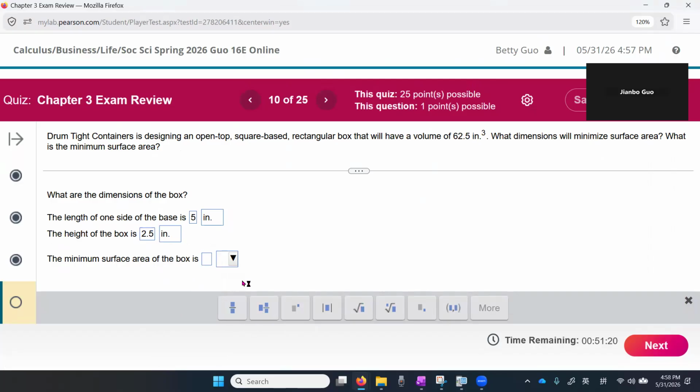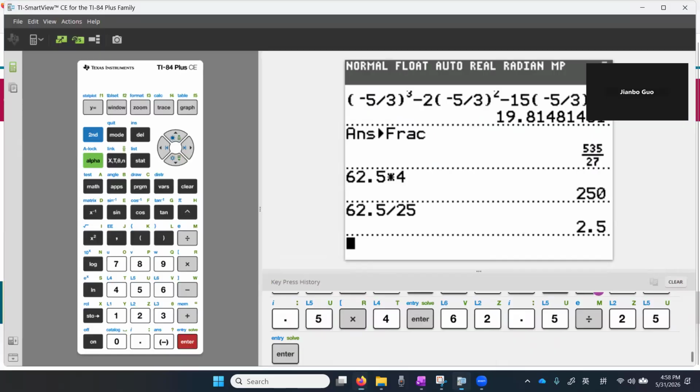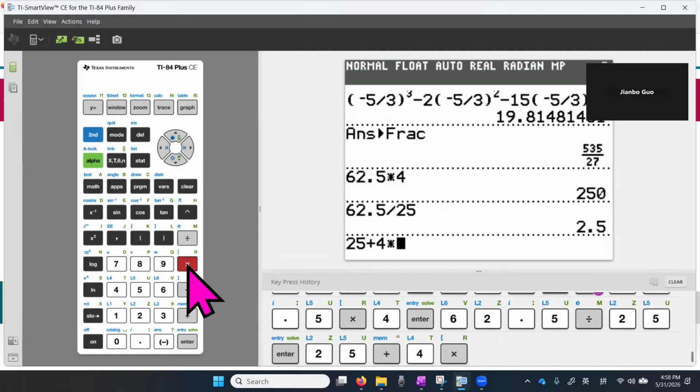And the surface area with this height and the length of the bottom, we're going to have to plug it in. Bottom area is 25 plus 4 times 5 times 2.5.